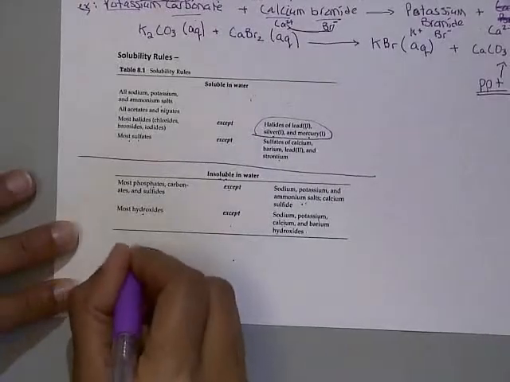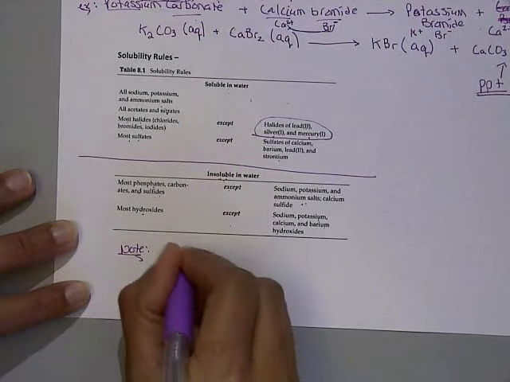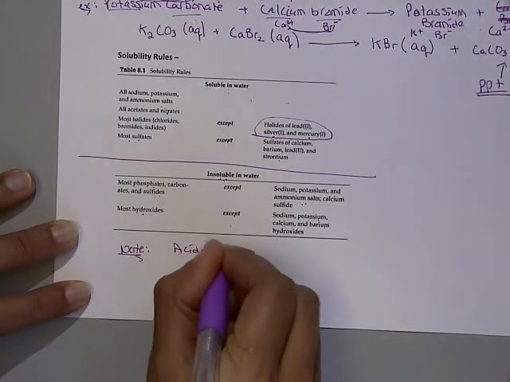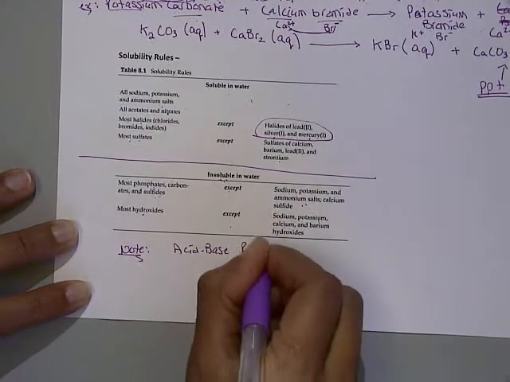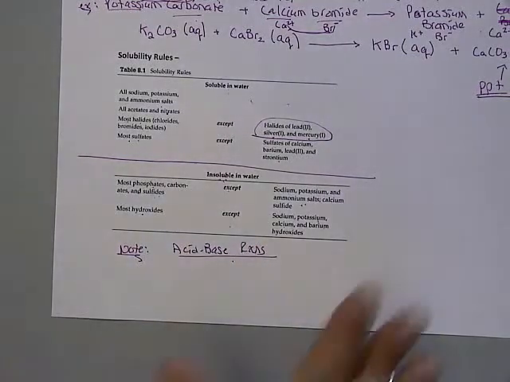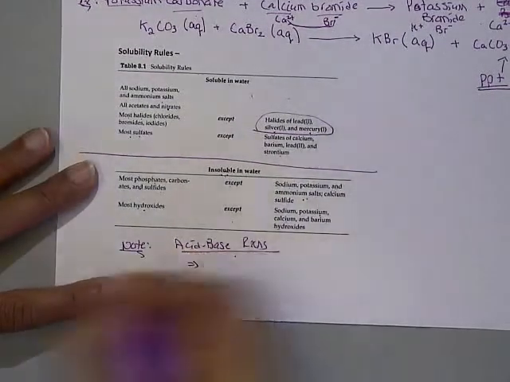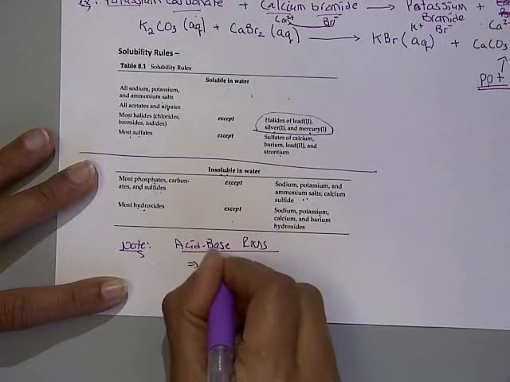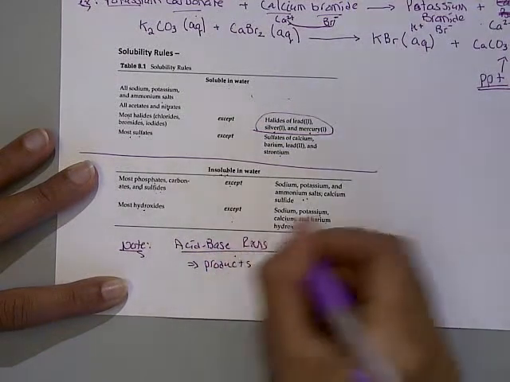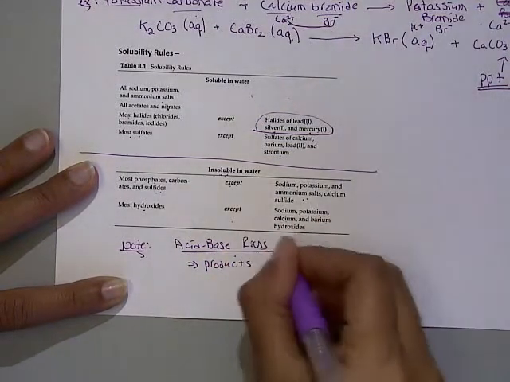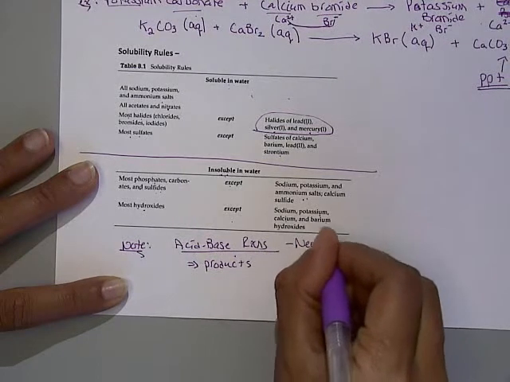One thing I want you to note for acid-base reactions, and again, we're going to go over this in lecture, but please do the reading of your textbook before you come to lab. Acid-base reactions are also called neutralization reactions.